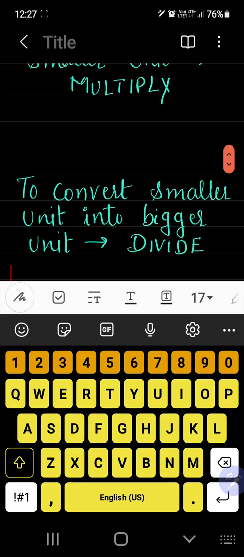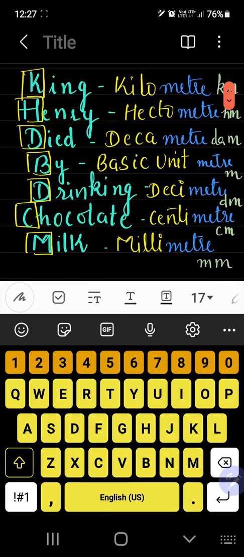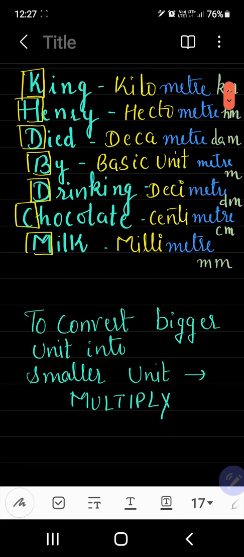For example, let's come back to the trick. If you are converting kilometer into hectometer, hectometer into decameter, that means you are moving from a bigger unit to a smaller unit. Here kilometer is the bigger unit and millimeter is the smaller unit.